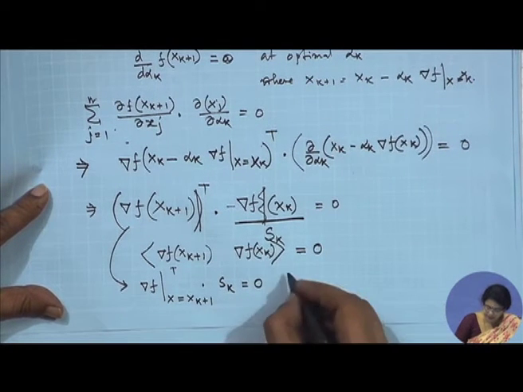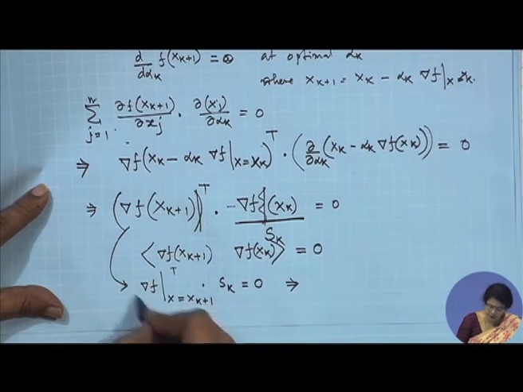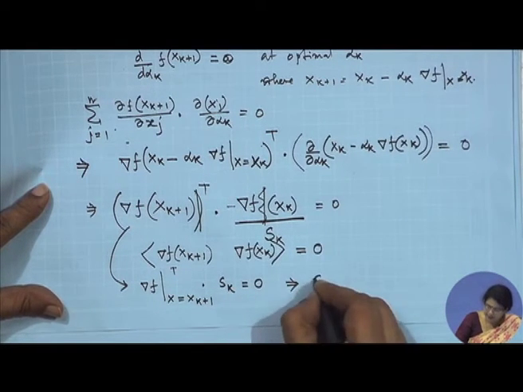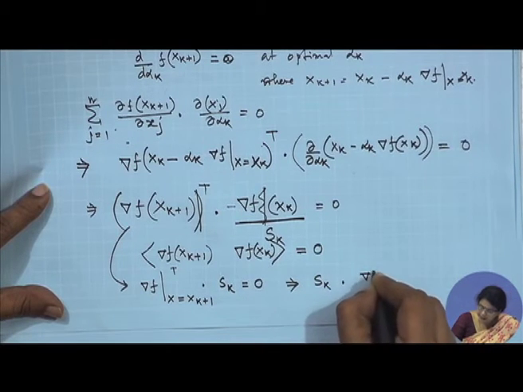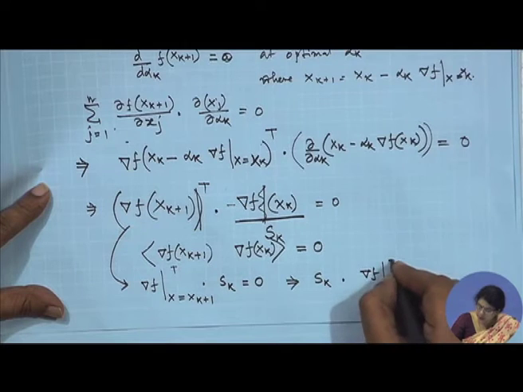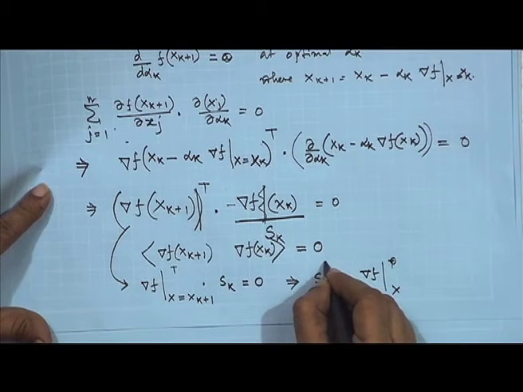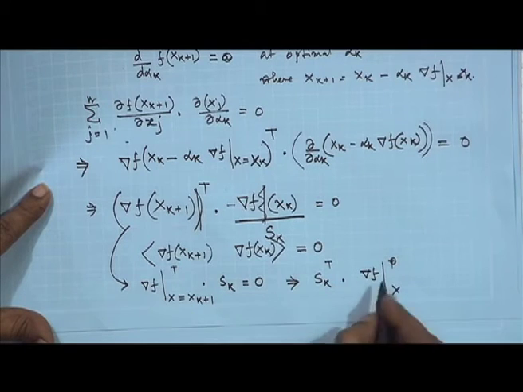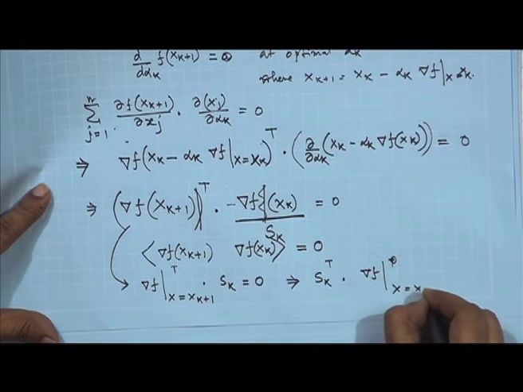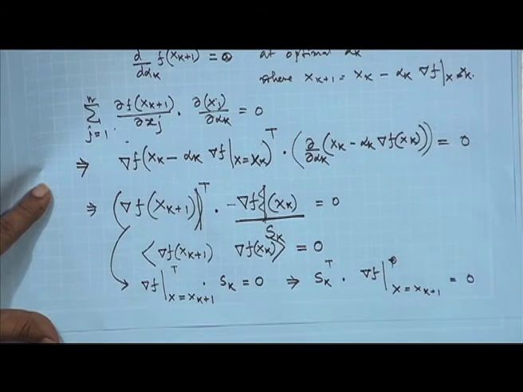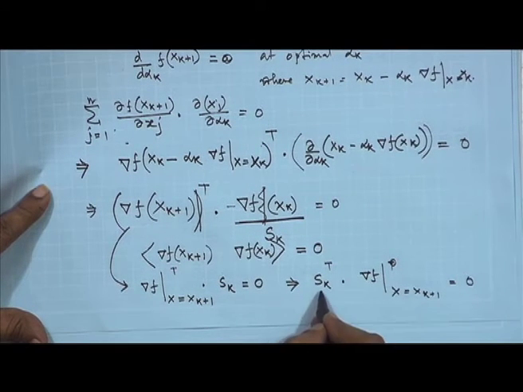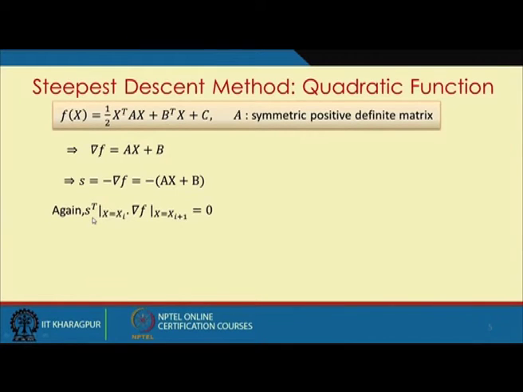Otherwise, if I take the transpose of the whole thing, transpose of transpose would be the same, we get sk dot grad of f at x equal to xk plus 1 is equal to 0. We can say it. What is sk? We are considering the separate index i here. That is why from here we can directly say this thing, alright.